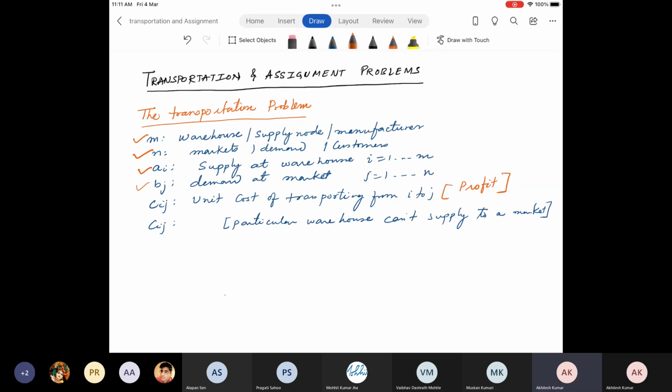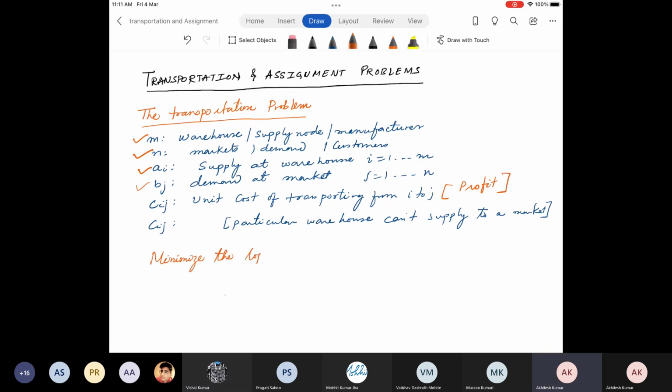What would be your objective if you are trying to transport your products from warehouses to markets? Sir, minimize the transportation cost. So your objective would be to minimize the total transportation cost. You agree?